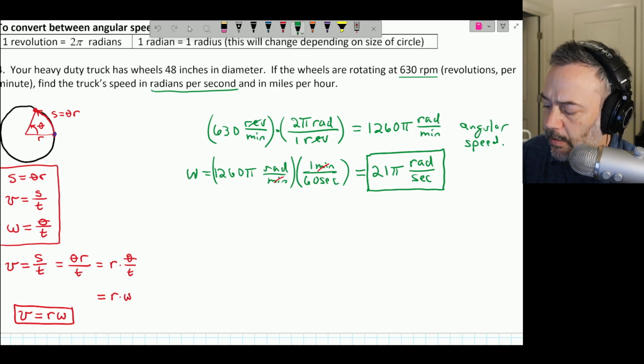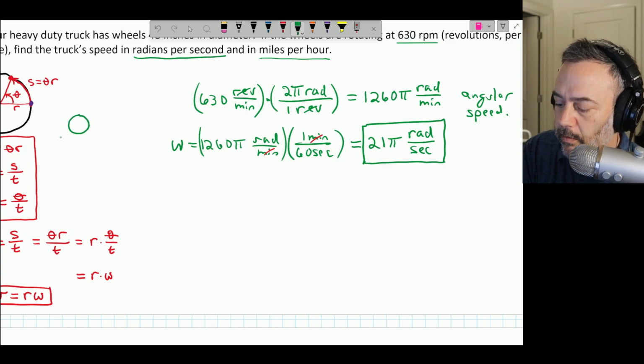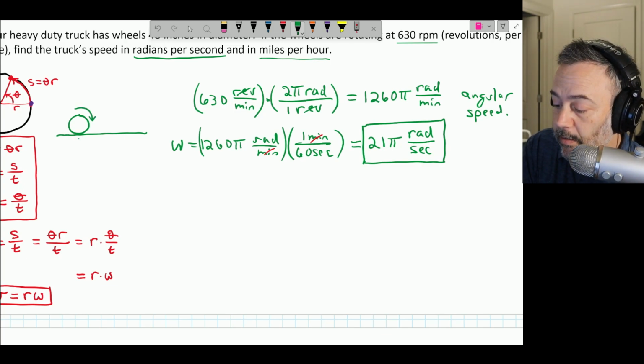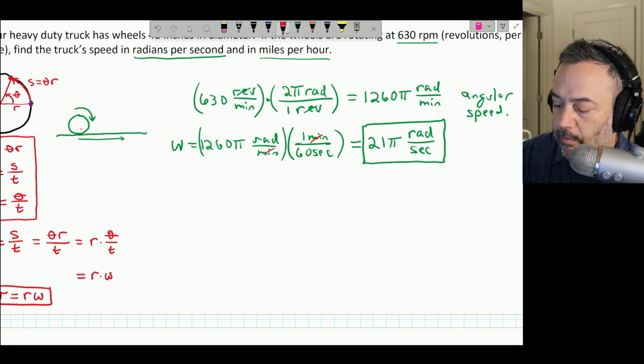That's angular speed. And we also want to find the speed of the truck in miles per hour. Now, if we have a circle, a wheel that's rotating like this, then the speed of the truck is equivalent to how fast a point on the wheel is going around the circle.